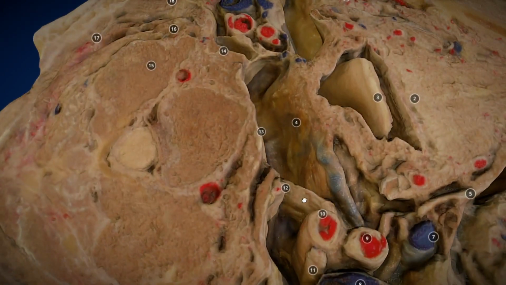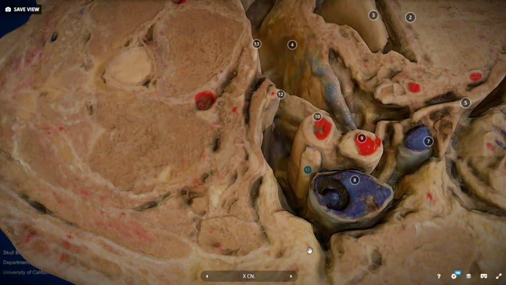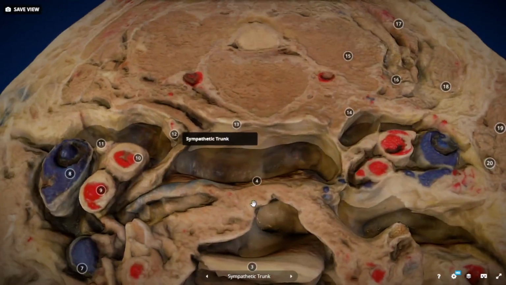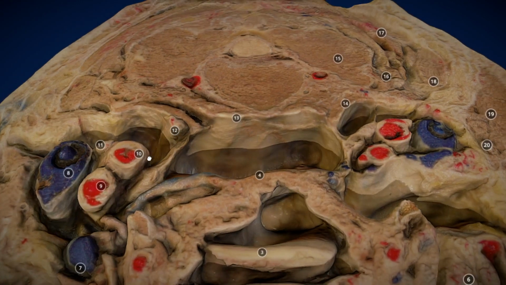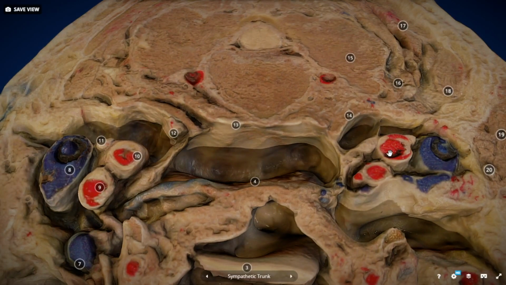And we also know that the vagus nerve forms part of the inferior complex. So let's move medially, and what we can see here is the sympathetic trunk, which is usually in a very intimate relationship with the carotid artery. In this case, we separate the structures a little bit just to properly identify them.